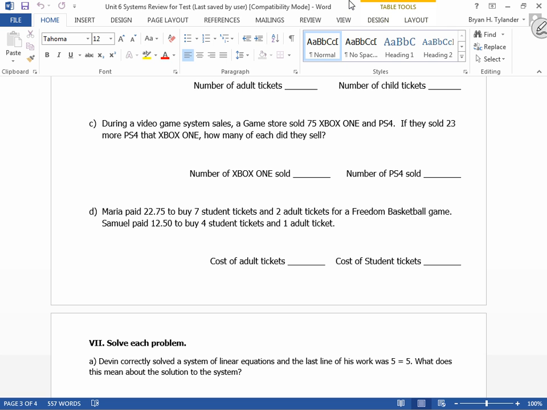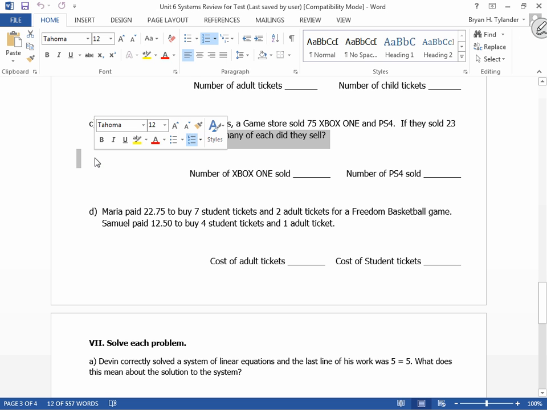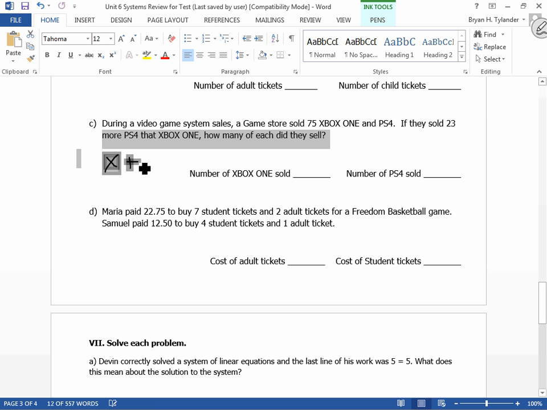Let's just start the problem over. So we had X plus P equals 75. I don't know what's happening here with my writing.